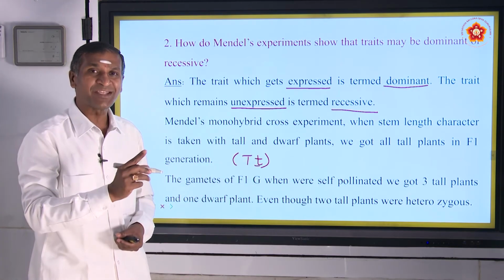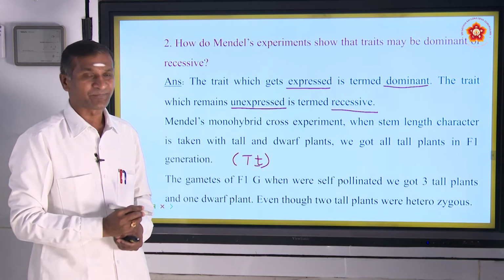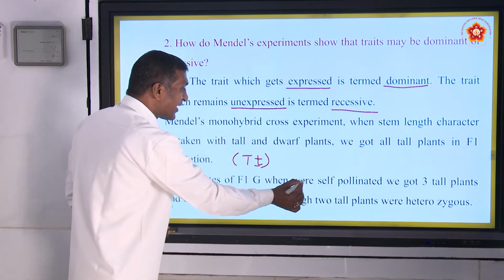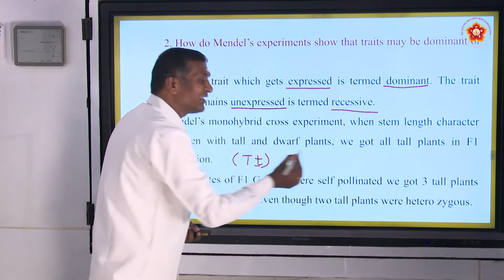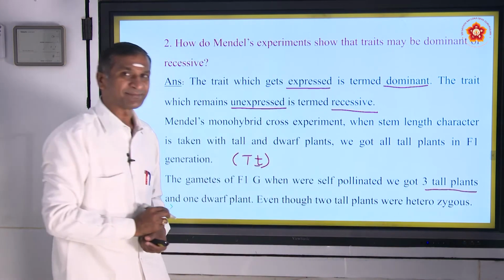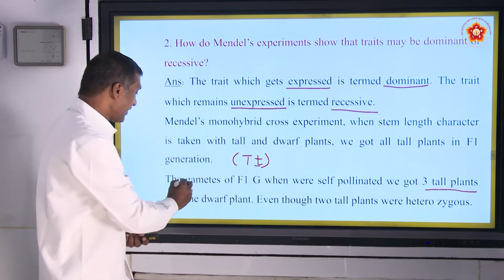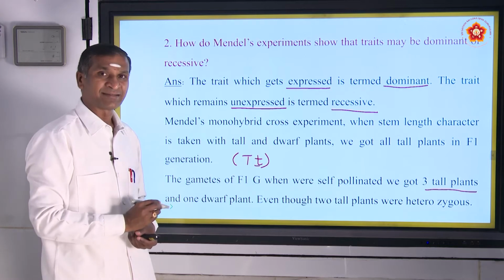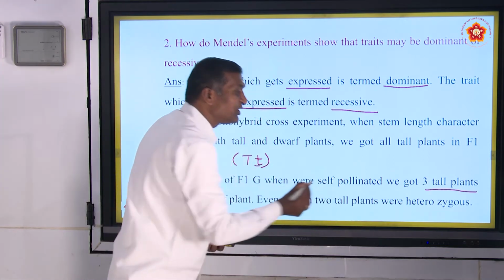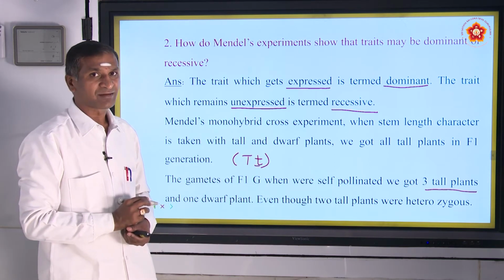So the dominant is being expressed. When the F1 generation was self-pollinated, we got 3 tall plants and 1 dwarf plant, even though 2 tall plants were heterozygous.